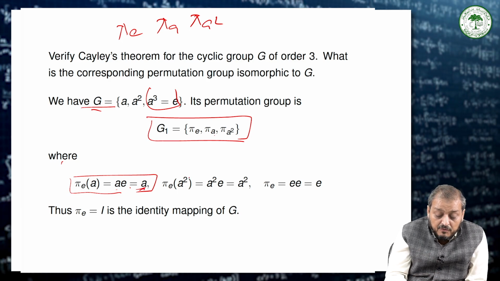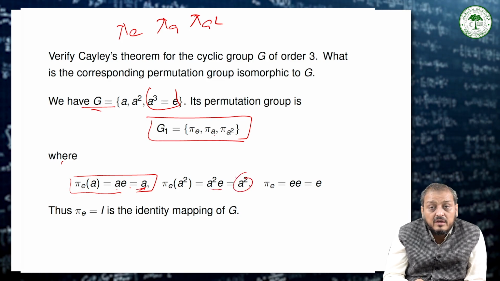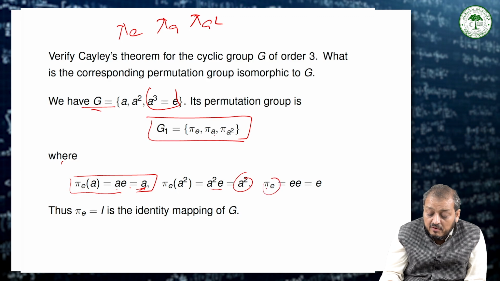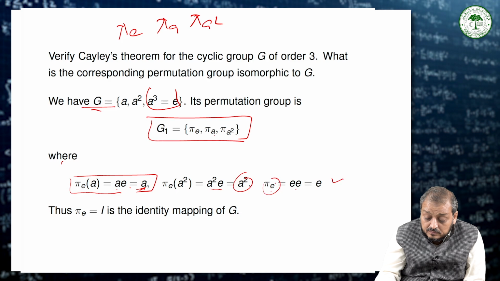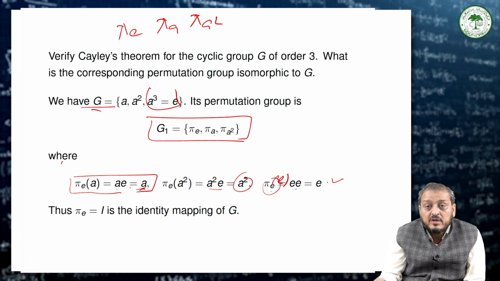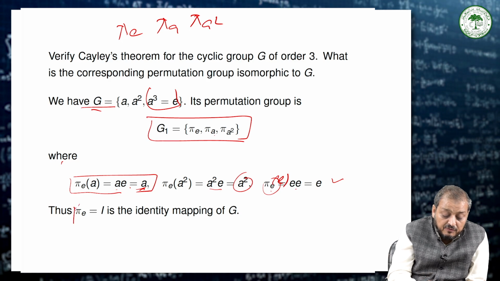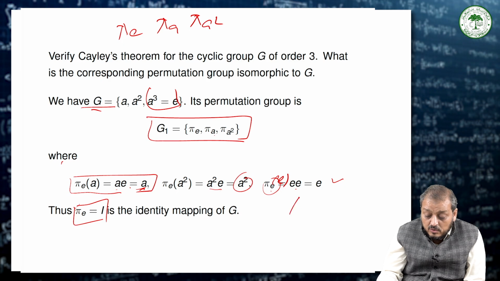Now phi of E at A square, then we have A square identity is equal to A square, and then phi of E over E is E into E, equal to identity. So phi of E is the identity.